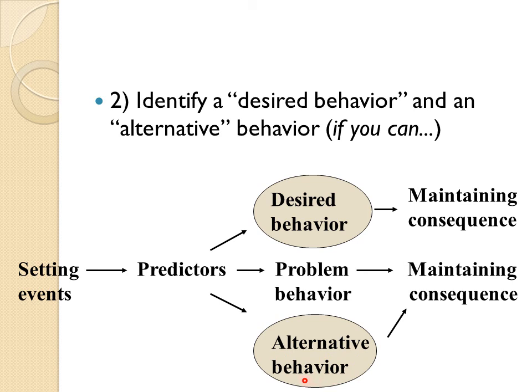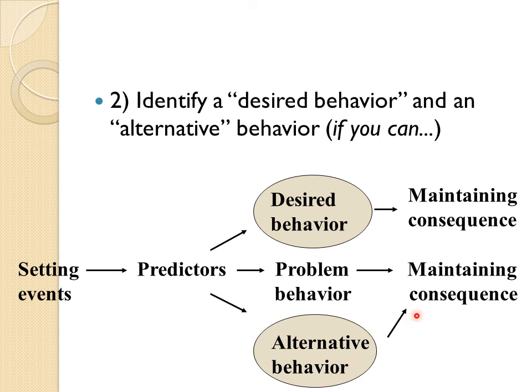Sometimes the alternative behavior is a new skill that we're teaching the student to reach the same outcome as the problem behavior. So we might consider teaching the student to ask for a brief break. That would lead to a really short escape, and the student would come back. Or sometimes we might decide it's better to teach the student to ask for help or assistance.